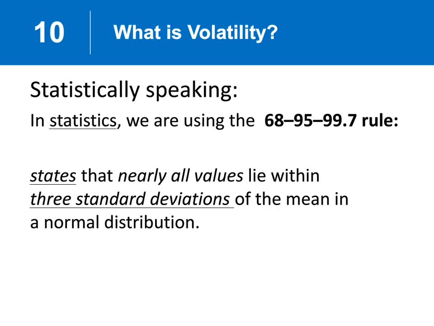In other words, one standard deviation is represented by the 68, 2 standard deviations by the 95, and 3 by the 99.7. All prices, given the current input, are going to be represented within 3 standard deviations, 99.7% I should say.